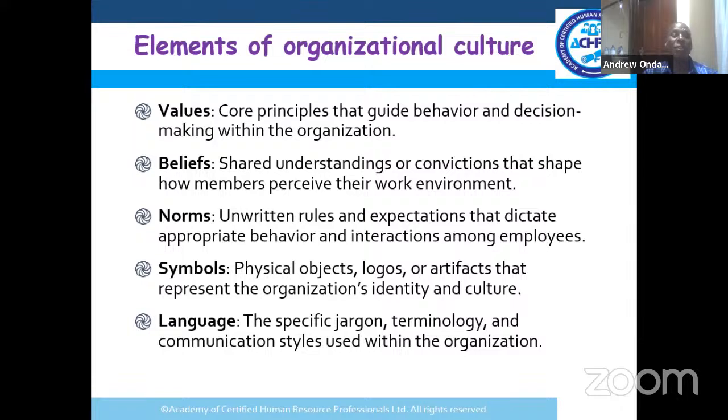So whatever symbols that you use as an organization, they represent you. And the people can interpret those logos and those physical objects, like whatever I see at the reception, they represent who you are. They are not there for decoration. So in terms of culture, those symbols represent who you are.